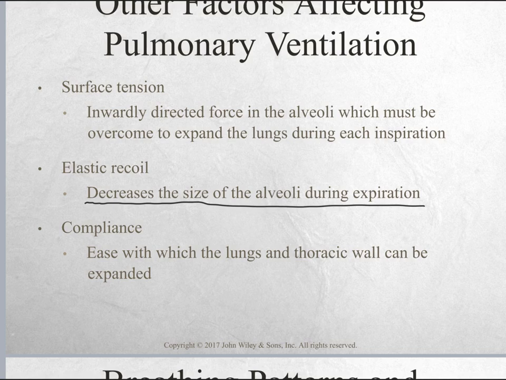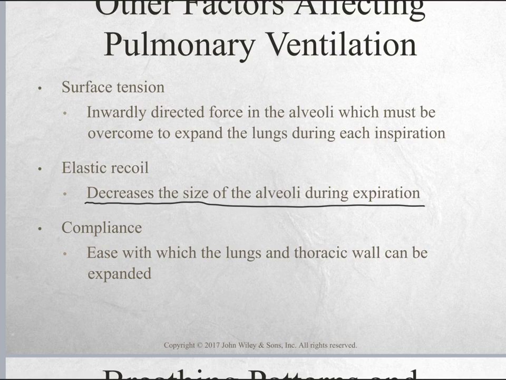It's the ease with which your lungs and thoracic wall can expand. Assuming all things equal, assuming that you're not a smoker or a vaper, or over the age of, we could go 60, 70, 80, right? These are all things that decrease compliance. You have pretty good compliance, ease at which your lungs and thoracic wall can be expanded.